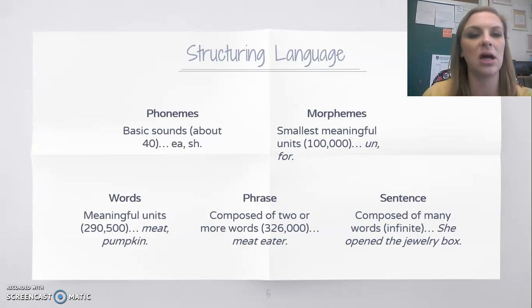We have a little under 300,000, at least in our language. Our phrases, we can compose 2 or more words. We have about 326,000. So like a meat eater is a phrase, right? And then sentences. We have an infinite number of possibilities to make sentences where we can put many words or phrases together.